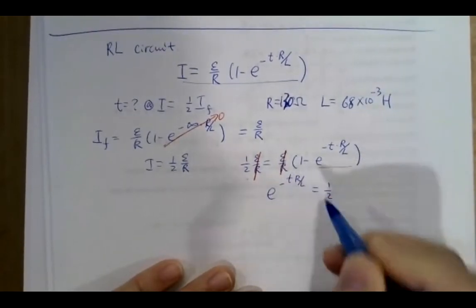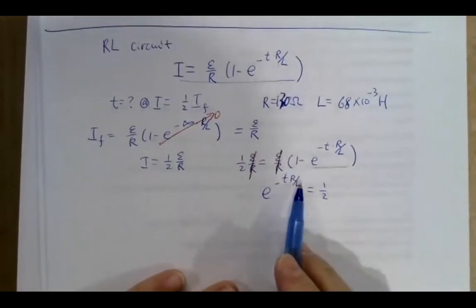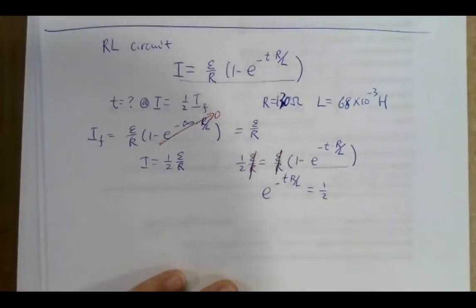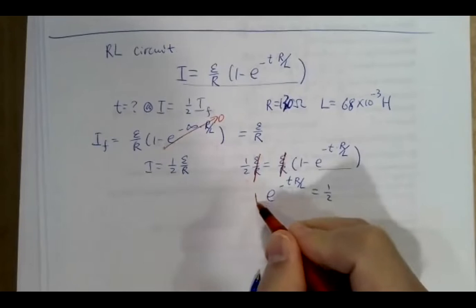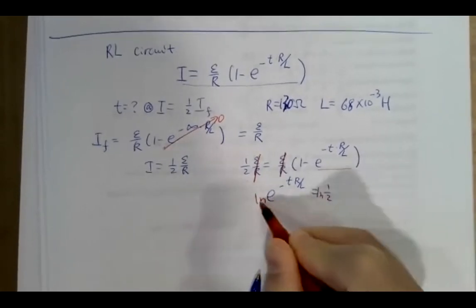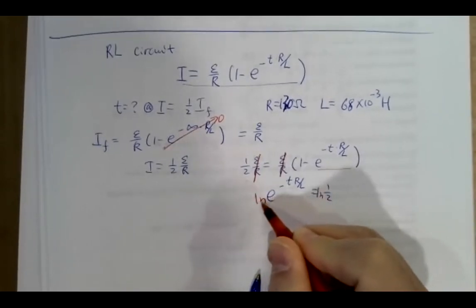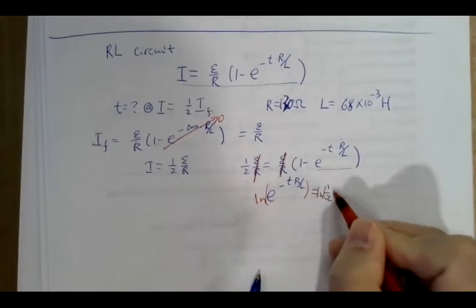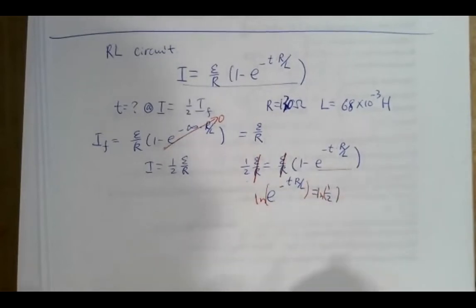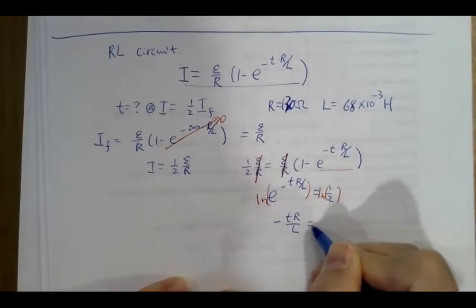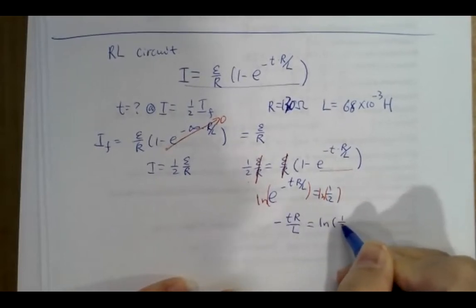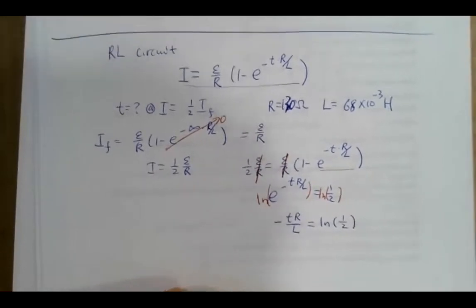Then you are now solving for the t given R and L. Okay, t is in the exponent, so you take the natural log of both sides of the equation to get rid of the exponential function on the left. So on the left, you'll just have minus t times R over L equals the natural log of 1/2.